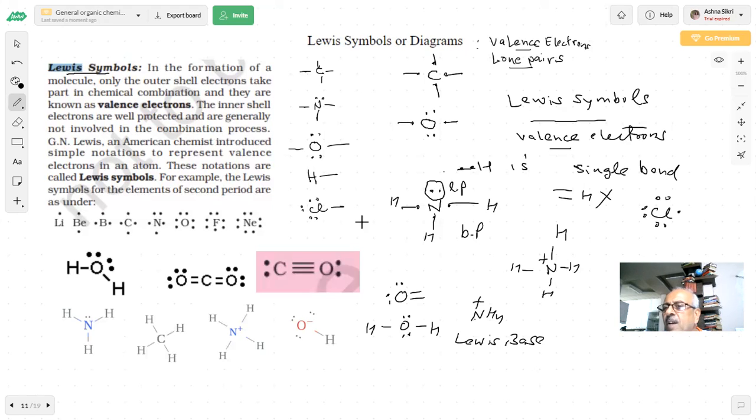Now it needs one electron. It can form one bond. Two electrons, it becomes eight. It may form another bond also, then it will become positively charged. We will show that. But here it is in need of one electron, Cl, and there are three lone pairs of electrons. How many? 1, 2, and 3. When organic reactions take place, we will use them. That's why we are talking about this.